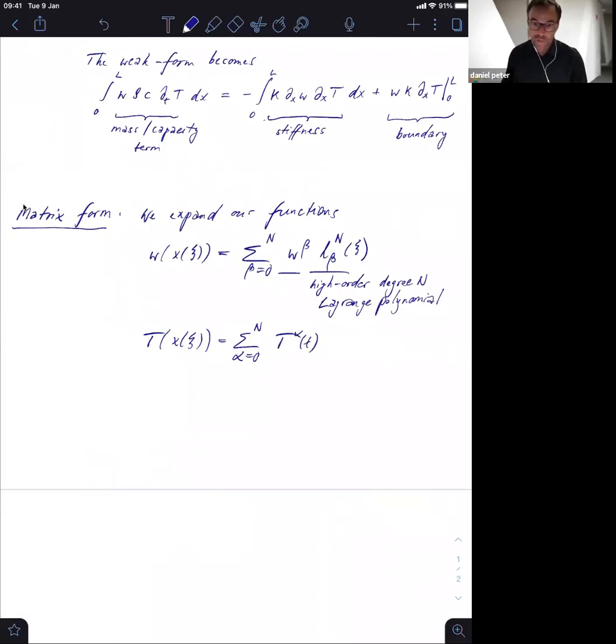And these coefficients depend on time, since the temperature field depends on time t as well. And then times the Lagrange polynomials. Here we can write L alpha of xi. It should be L for Lagrange.